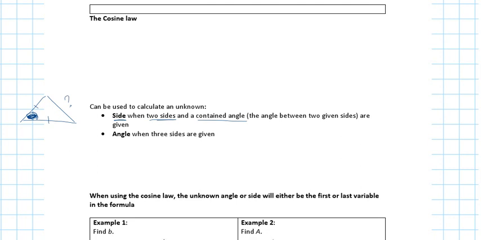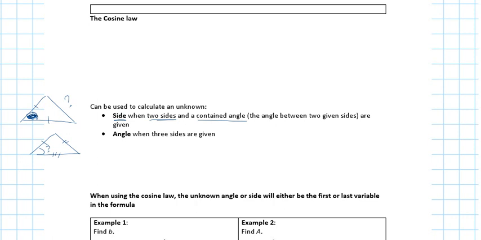Okay? The other scenario is if I have all three sides. If they give me all three sides, then I can solve for any of the three angles. I always find it easier to determine if I need to use the cosine law. And if not the cosine law, then I know I'm going to have to use the sine law.